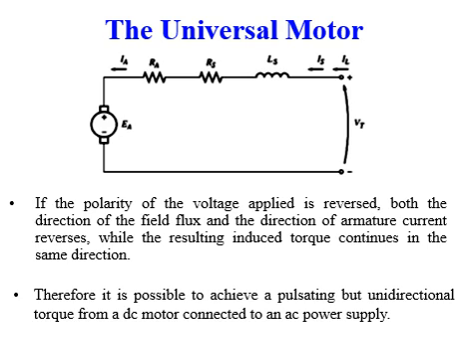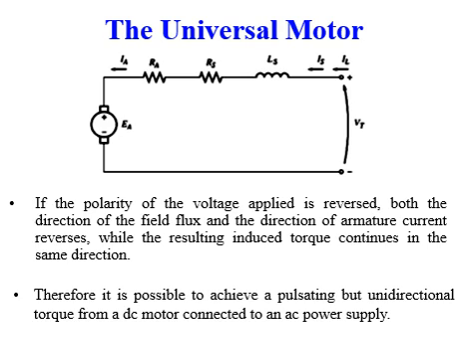In that case, we can make it a universal motor because the motor is able to perform under a DC source as well as an AC source. That's why it's called universal motor.